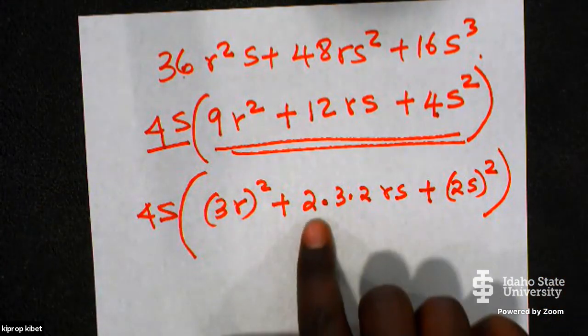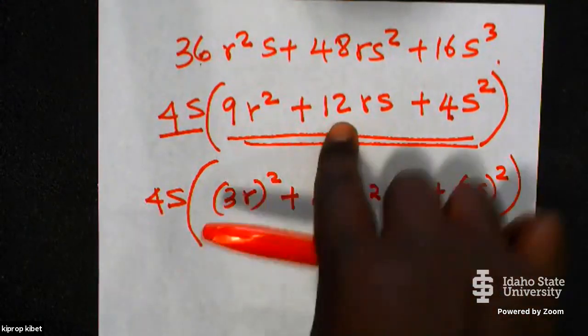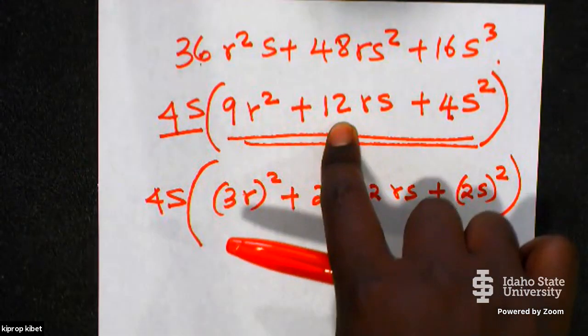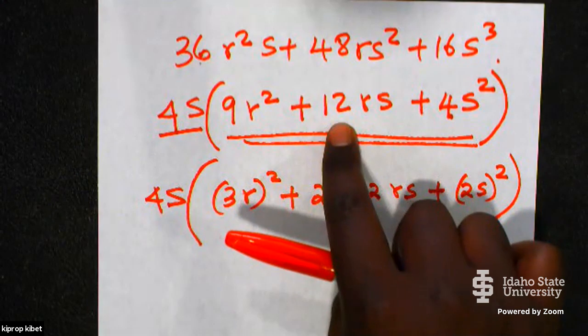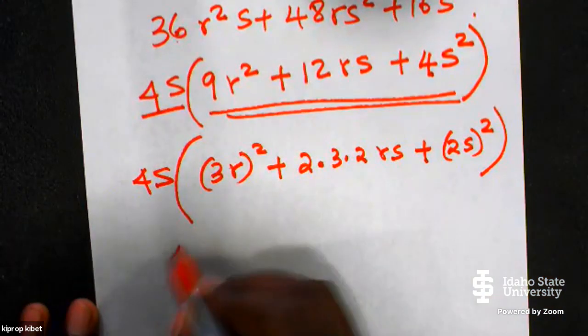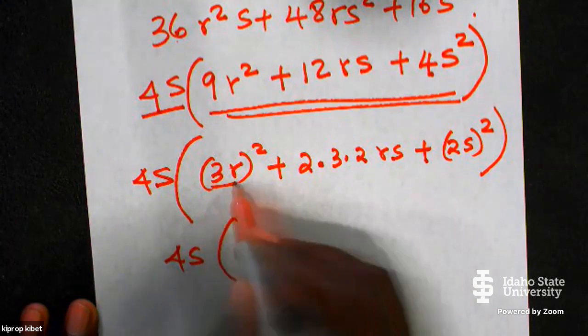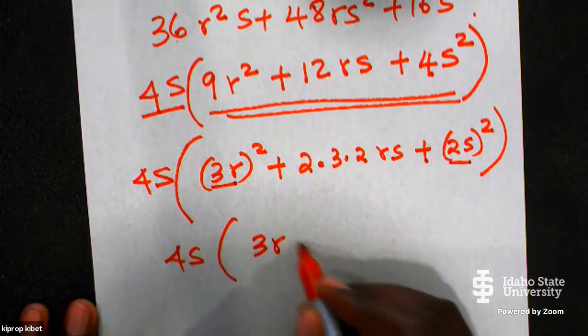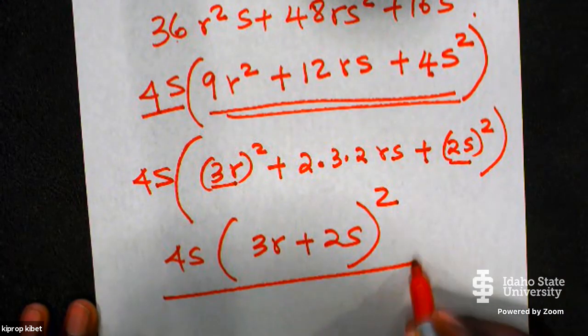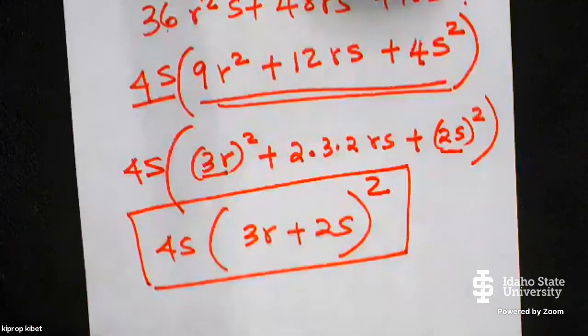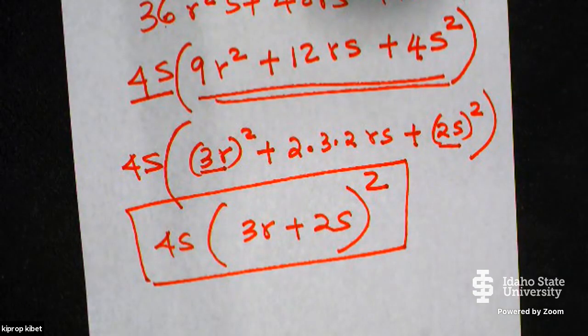So when you multiply 2 times 3 times 2, do we get 12? So we get 12 there. So finally, the factors will now be 4S outside, then we take this and this, (3R plus 2S) squared. And that is our answer. So that's how we can factorize the perfect square.